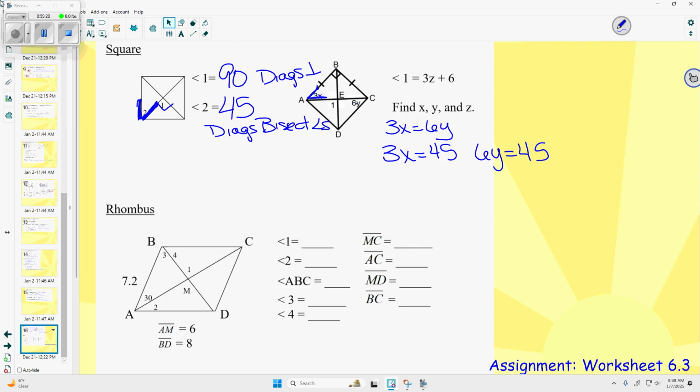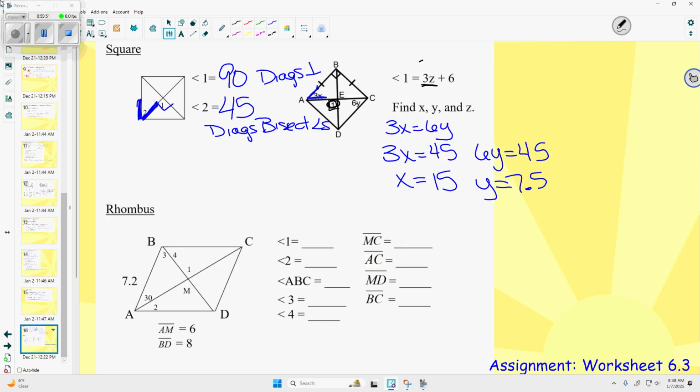Okay, we can solve this one out. What's x? And what's y? Okay? So we've taken care of x and y. We got to find z now. Z is inside of angle 1. It's a what? It does equal a 90.